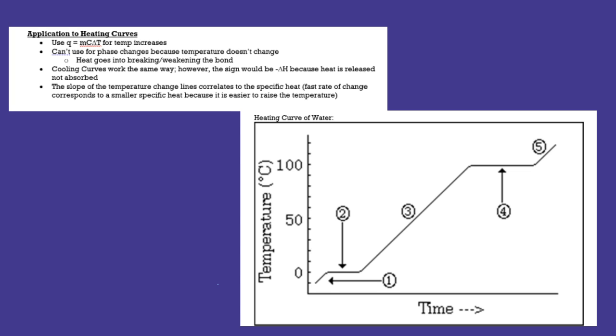So if you have a faster, higher slope, that corresponds to the temperature changing quicker, meaning you have to add less energy in, which means that you have a lower specific heat. And so you have to pay attention to that in some cases.